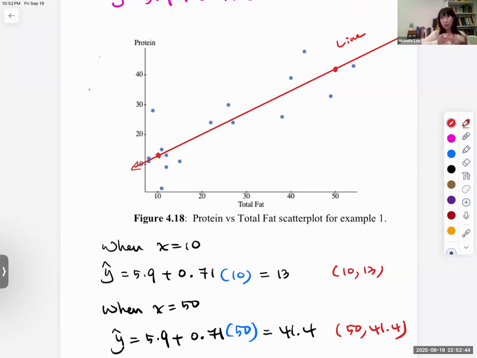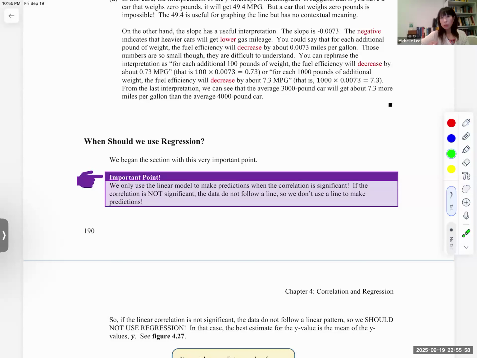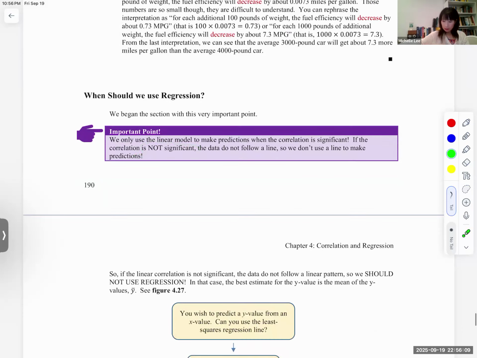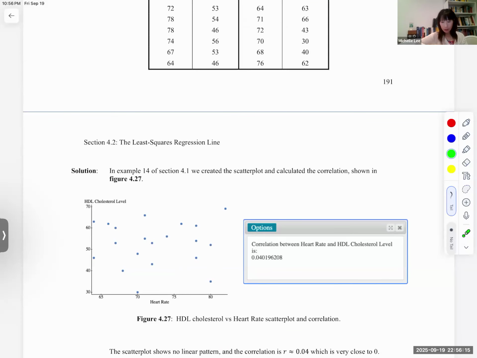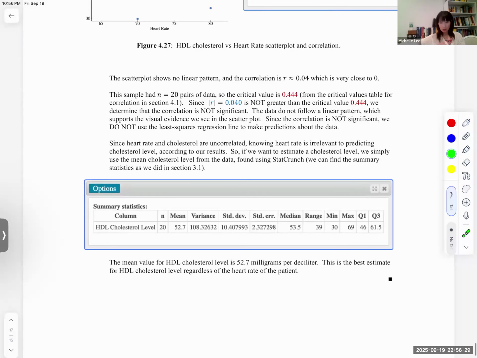Okay, let me show you StatCrunch, okay? So we talked in the beginning, right? If the correlation is not significant, then we cannot draw the regression line, right? So here, look at the scatter plot, right? That is not significant, so we can just take a look.